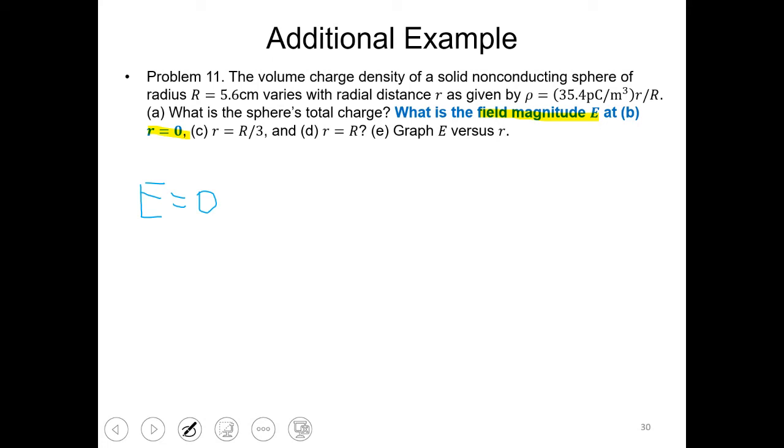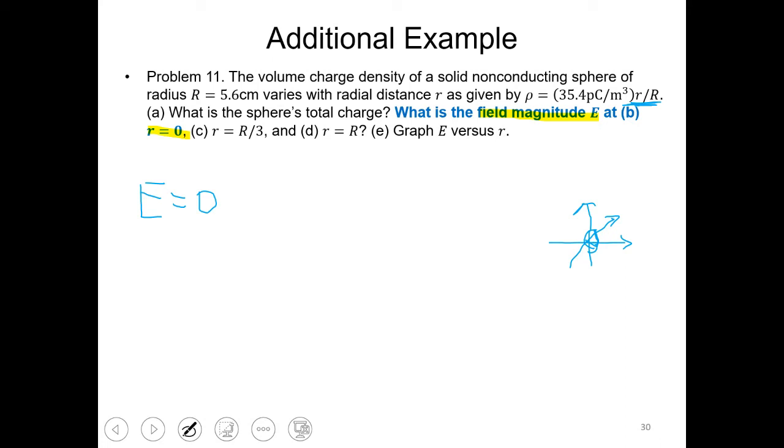Because you can simply draw a Gaussian surface to be very, very small, and then the Q enclosed will be very close to 0 because this is actually 0 at the center, so there will be no charge at that point.